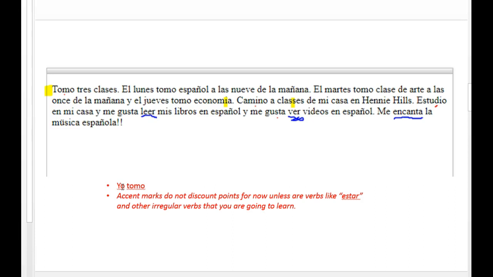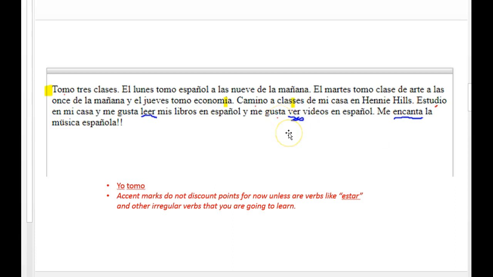Other things that I marked over here is, well, I counted how many are verbs you had in this composition, and those are uno. You repeated tomo 3 times, so that's not going to add points. Camino is another verb, estudio is another verb. And if we count gustar, it will be 4.